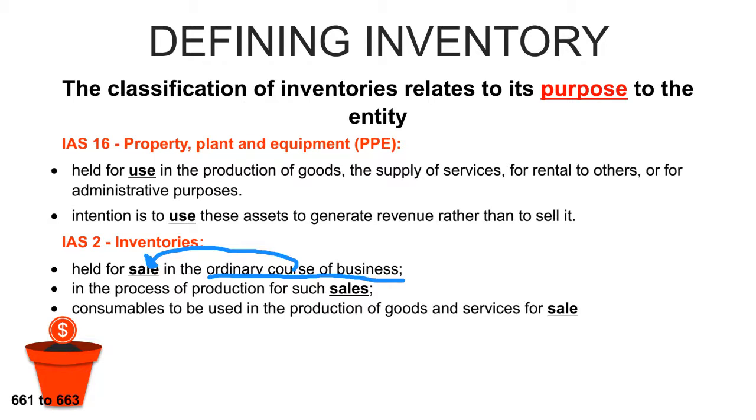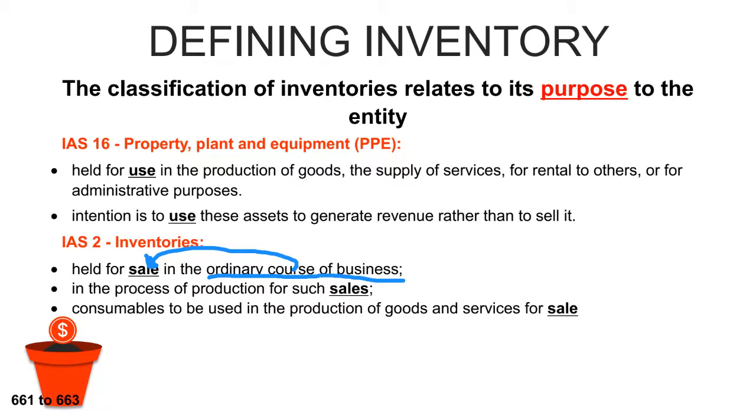Their main business, their ordinary course of business is to sell laptops, and therefore it would have been classified as PPE. And then when you sold it, you wouldn't put it into revenue, you'd put it into an account called profit on sale of land and buildings, or profit on sale of property, whatever, right? So you wouldn't put it inside revenue. So with inventory, whenever we make a sale, it affects revenue, right? So inventory is meant to affect revenue.